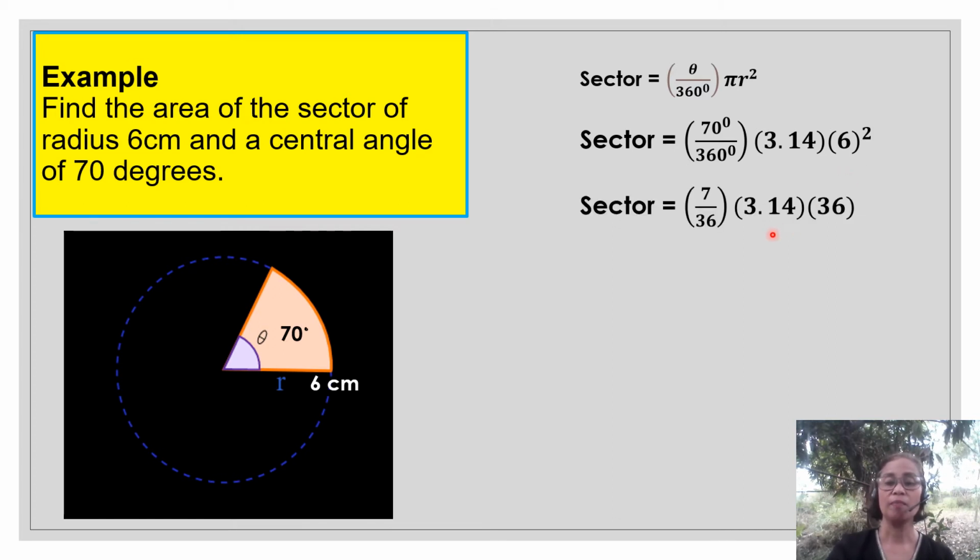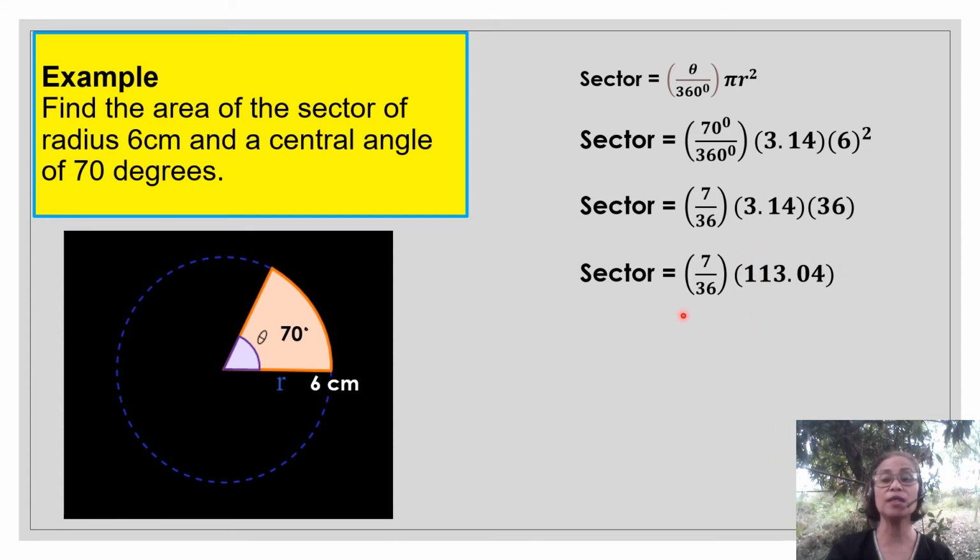We have 36 here. And I just canceled both zeros from the numerator and the denominator, so you have 7 over 36. Again, you can instantly calculate this by pressing all of this in your scientific calculator, and you get an instant answer. Now, multiplying 3.14 times 36, this is now the area of the whole circle.